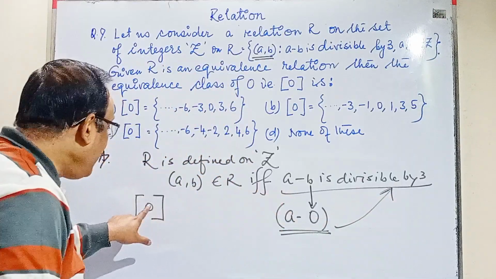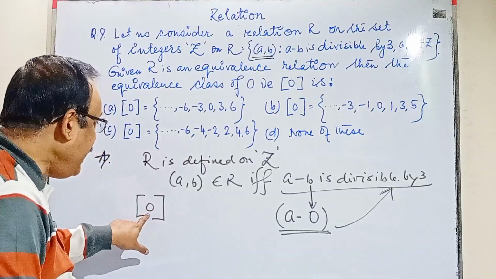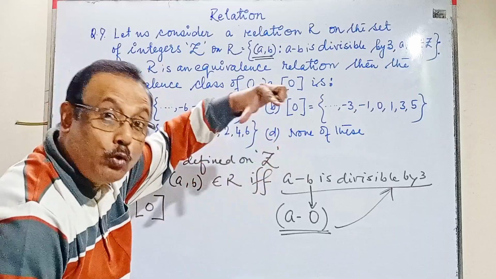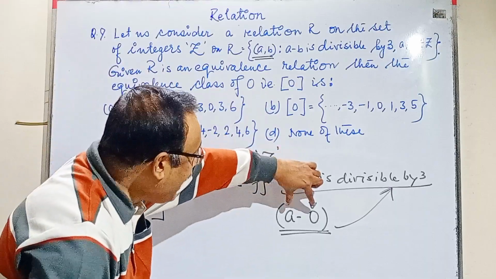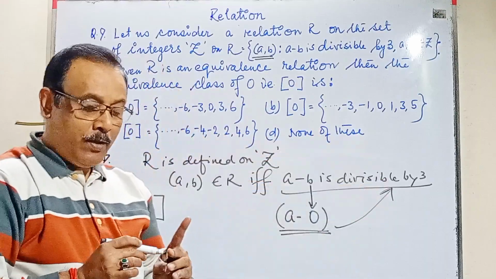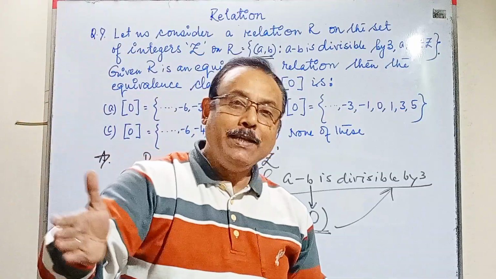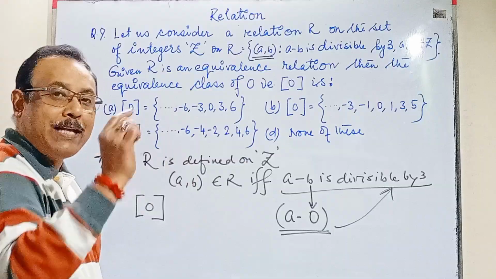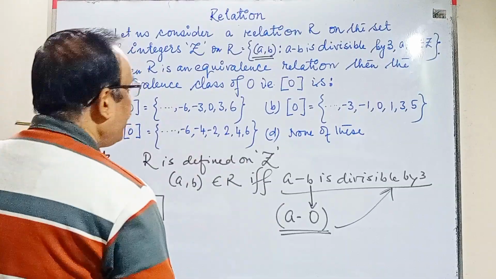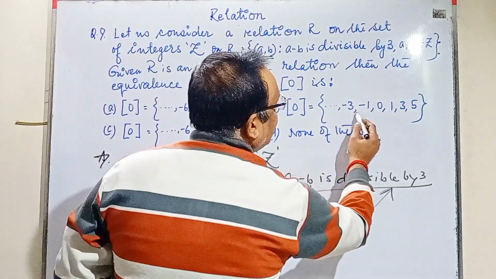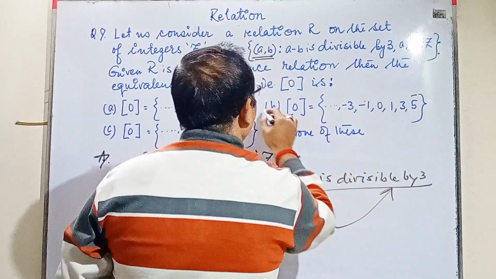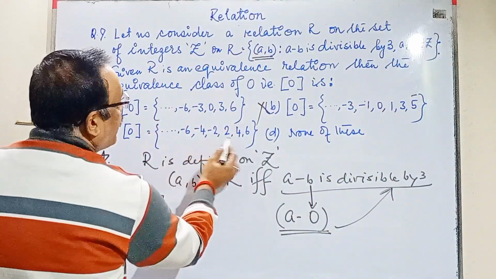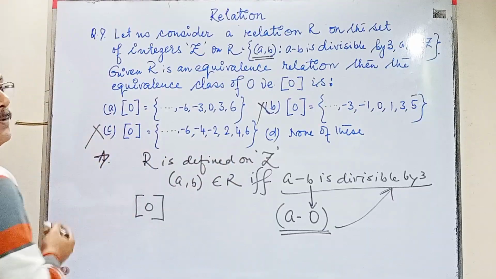Any number will be divisible by 3 provided it is a multiple of 3. So the numbers have to be multiples of 3. In this case, these are not multiples of 3, so this choice cannot be. In this case also, these are not multiples of 3, so this choice cannot be.